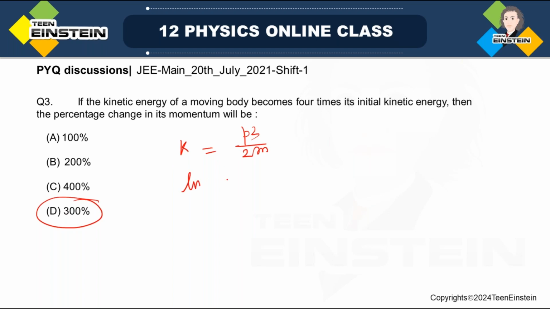If I take ln, this m is not a quantity which can change, it is a constant quantity. So I'll go for the percentage change in the momentum, delta P by P, the fractional change.